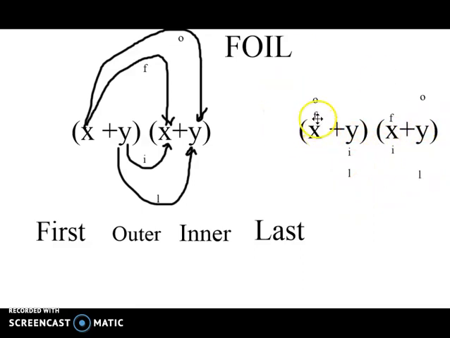So I put the code first and first, outer and outer, inner and inner, last and last term. Alright? So firstly we will multiply the first terms. Then we will multiply the outer terms. Then we will multiply the inner terms, and then the last terms with each other. It spells FOIL: first, outer, inner, and last.